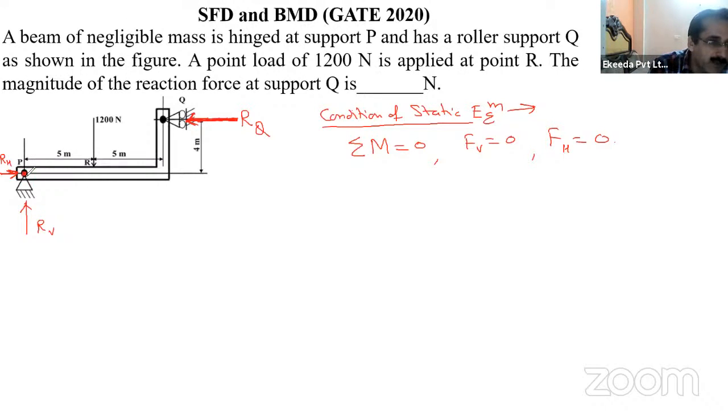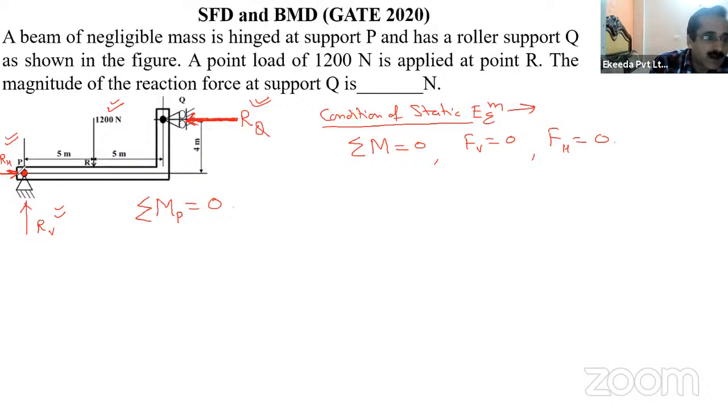So at P point we can choose the hinge joint. It is always good to choose the hinge joint or roller joint, right? So the moment at the hinge joint will be 0. So the sum of all the moments at P point, which is the hinge joint, should be equal to 0. How many forces are there? One is RH, another is RV, and one is 1200, another is RQ. So four forces are there.